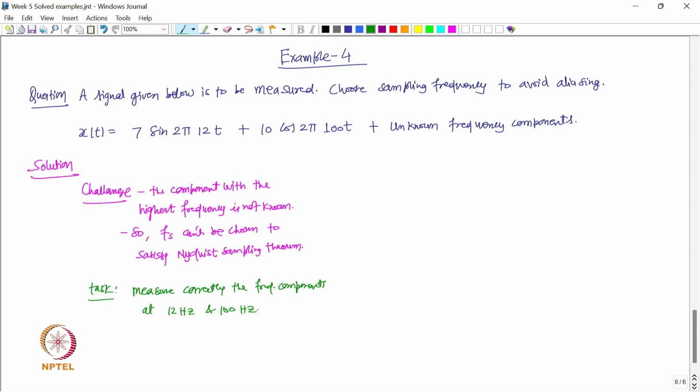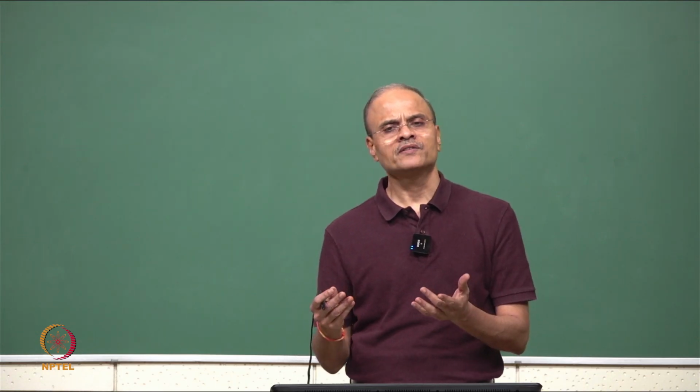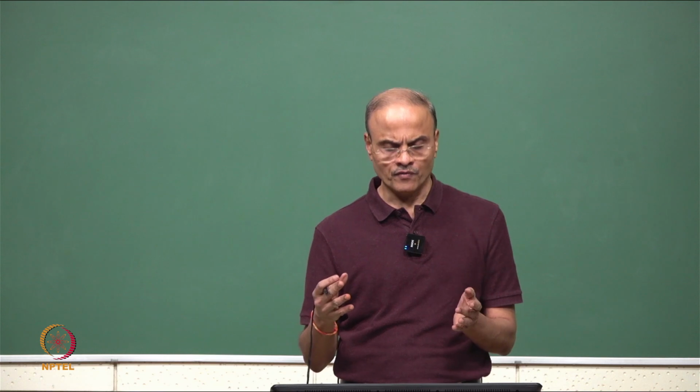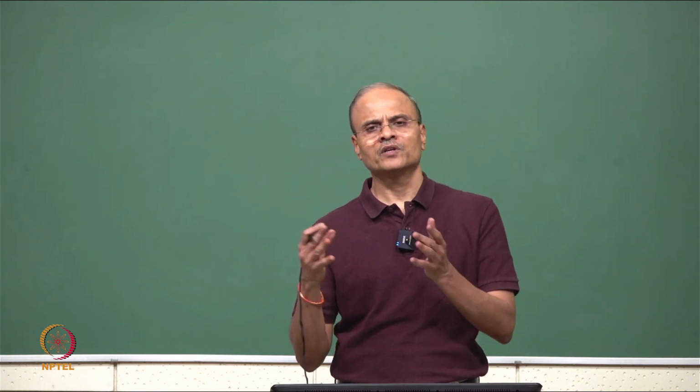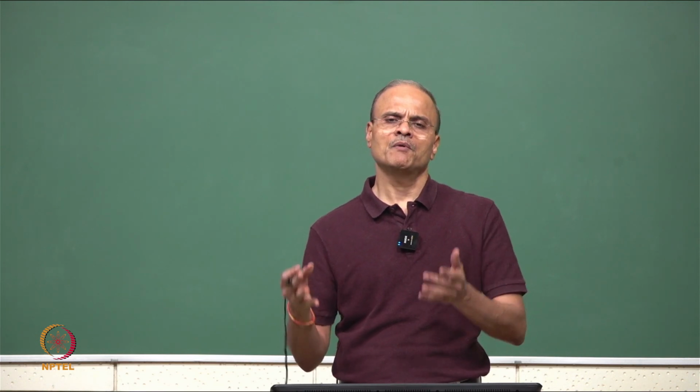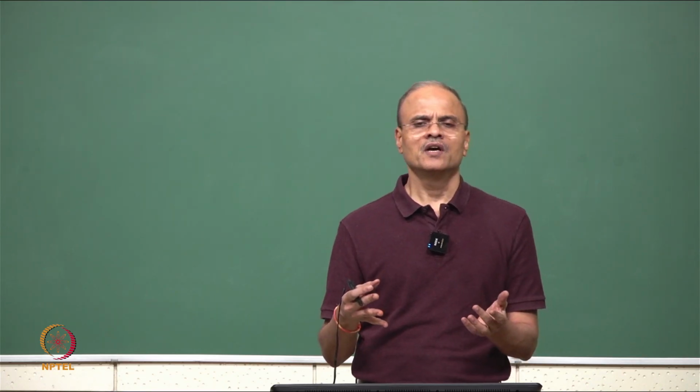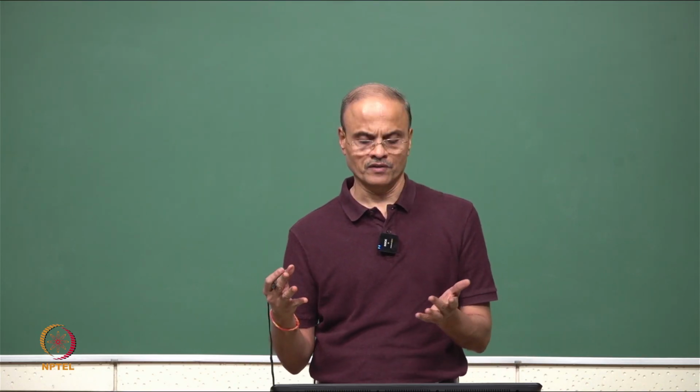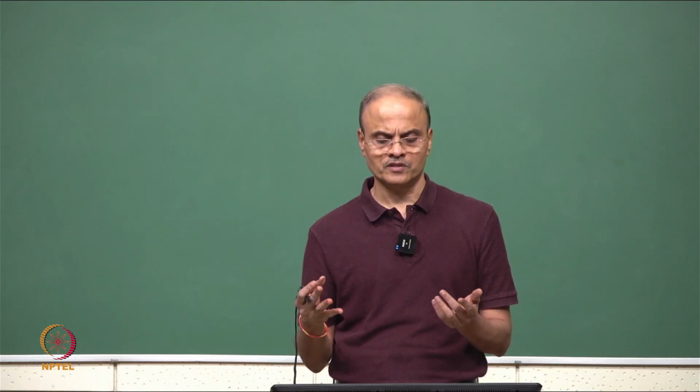So, what is the solution? I discussed this in the lecture class, so let us look at it now. Because we do not know which frequency components are present in the signal, those components can have any frequency. They can have frequency less than 100 hertz, more than 100 hertz, or both. All those things are possible.